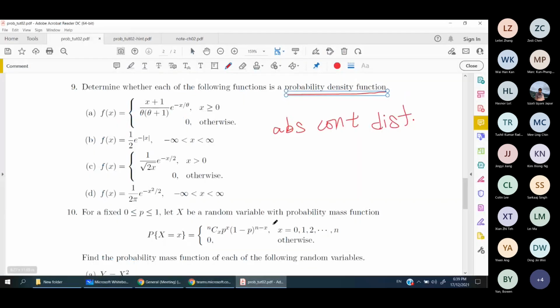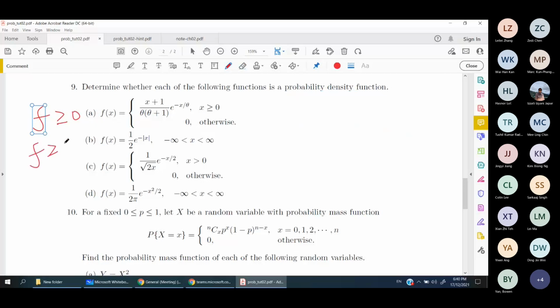Right, so let's look at here. I think this is quite clear. All these f are always greater than 0, right? This one greater than 0, this one greater than 0, this one greater than 0. So the first condition all passes.